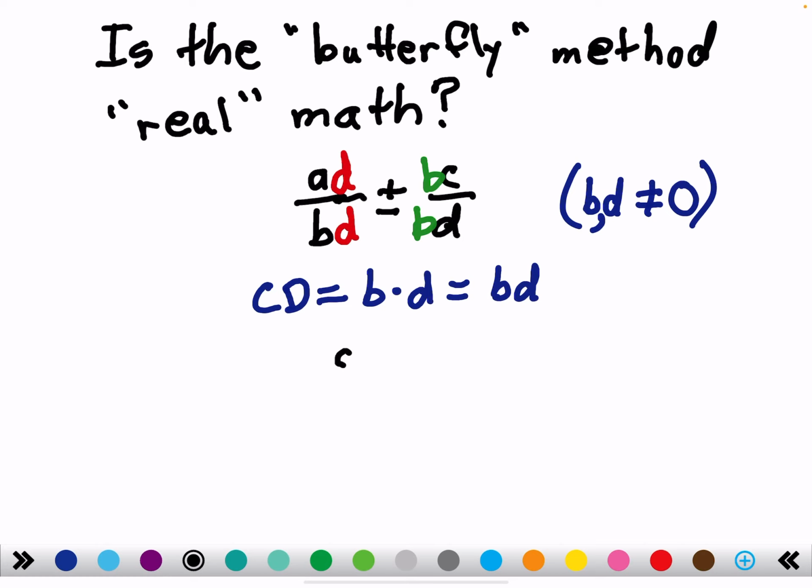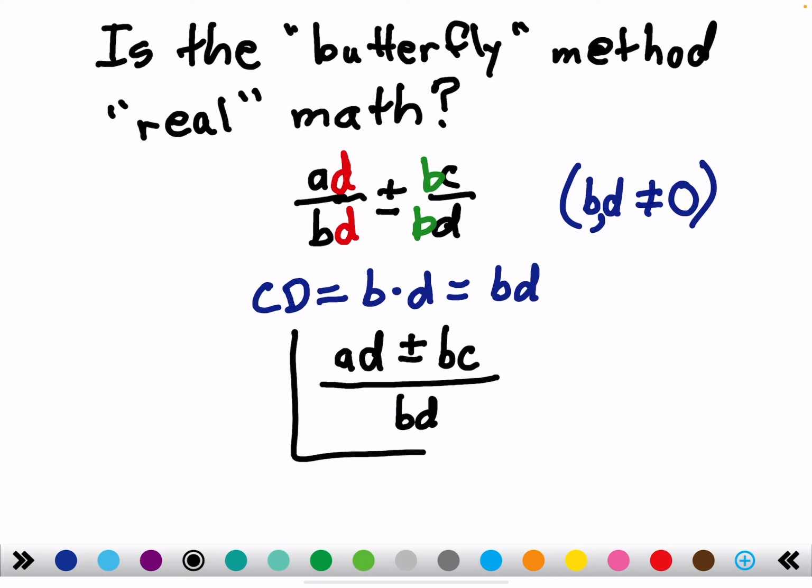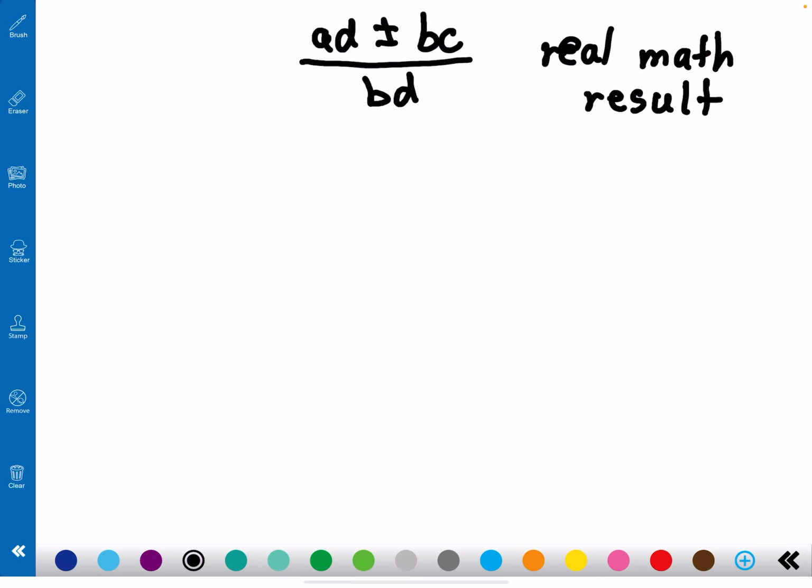So then when we add the fractions, we just add what's in the numerator only, a d plus or minus b c, over the common denominator of BD. And this is our result from real mathematics. Now we have a result from real math, ad plus or minus bc over bd.